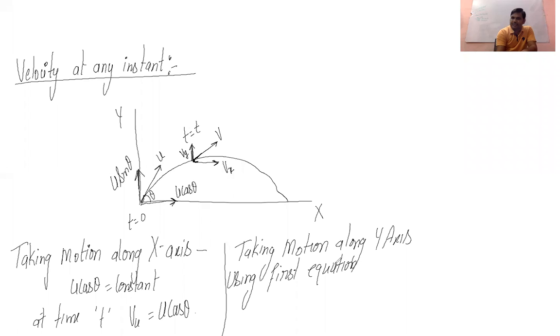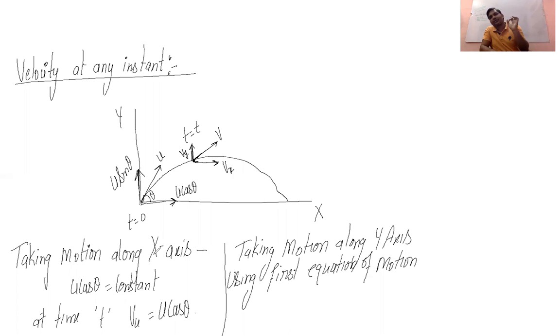Someone can ask why we are using the first equation of motion in the case of y, and why we are not using any equation of motion along x-axis? The answer is, along the x-axis, the velocity of the projectile is constant. There is no acceleration along the x-axis. Acceleration is only along the y-axis.